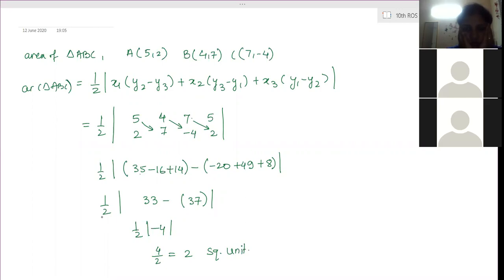Like minus 20 plus 49 plus 8. Then cross this one, the reverse cross: 5 minus 4, 7 into 7, 4 into 2. Okay, ma'am. First from left to right cross, and then minus the right to left cross, remaining numbers. Okay, ma'am.